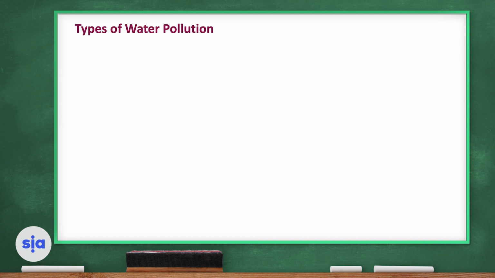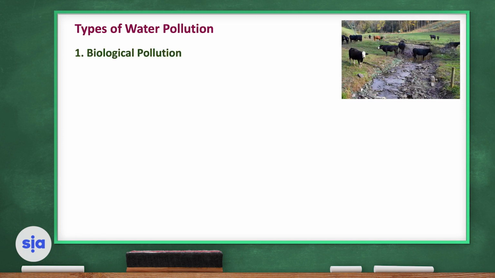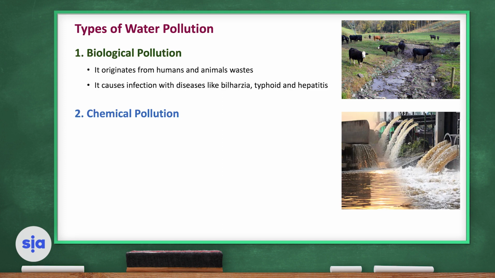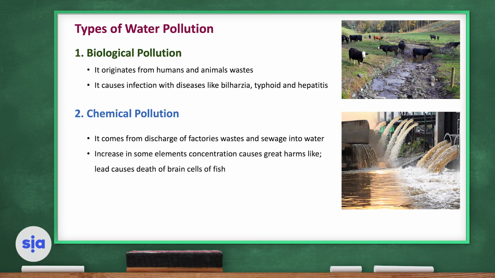Now let's discuss together types of water pollution. We have biological pollution, and it originates from humans' and animals' wastes. It causes infection with diseases like bilharzia, typhoid, and hepatitis. The second type is chemical pollution. It comes from discharge of factories' wastes and sewage into water.